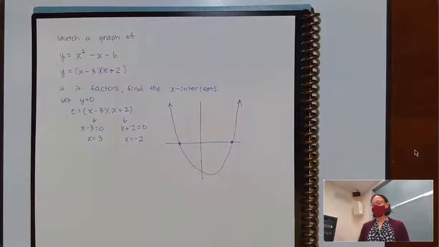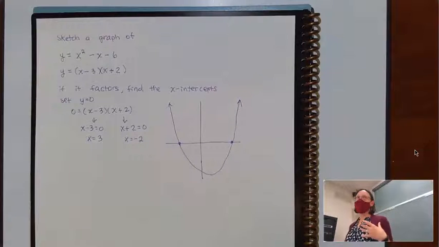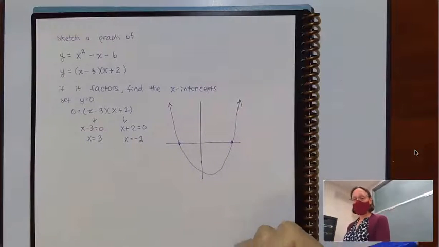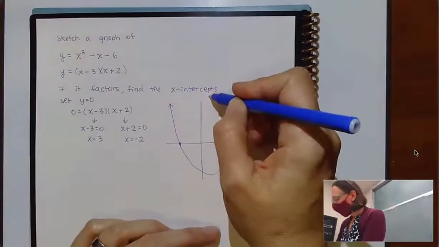Now, I mentioned at the beginning that parabolas always have this symmetry, because when I plug in the negative version of the thing or the positive version of the thing and square it, we end up in the same place. We sometimes talk about the line of symmetry of a parabola.